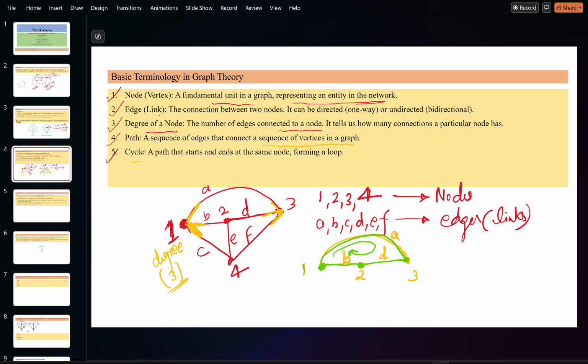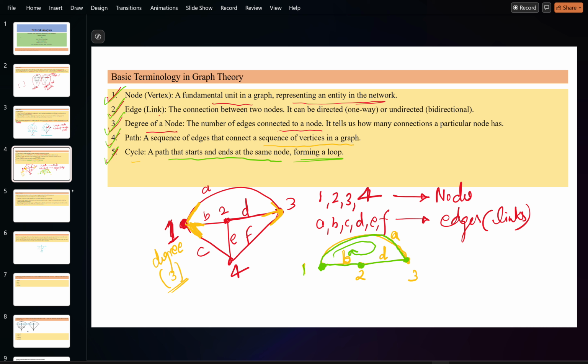This is known as a cycle. The path which starts and ends at the same node and forms a loop is called a cycle. So you have to keep in mind the definition of node, edges, degree, path, and cycle.